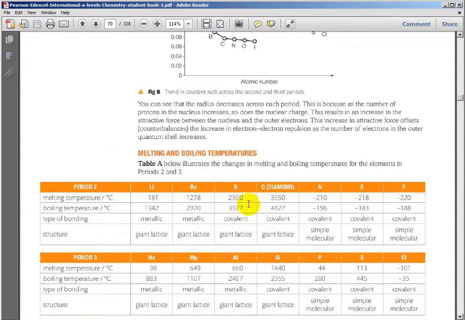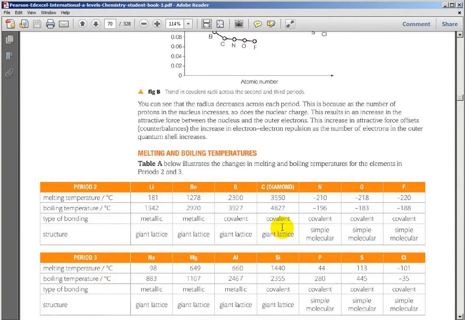Like period 2 elements: lithium, beryllium, boron, carbon, nitrogen, oxygen, fluorine. Type of bonding: in lithium, bonding is metallic, structure is giant lattice. Beryllium, metallic bonding, giant lattice. Boron, covalent, giant lattice, so they have high melting and boiling points.